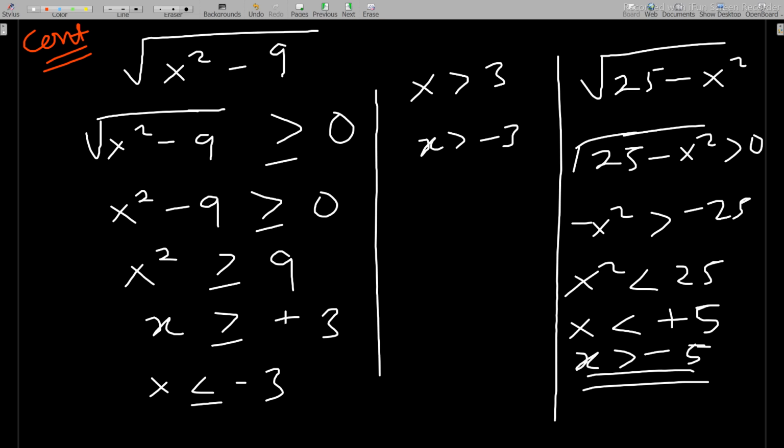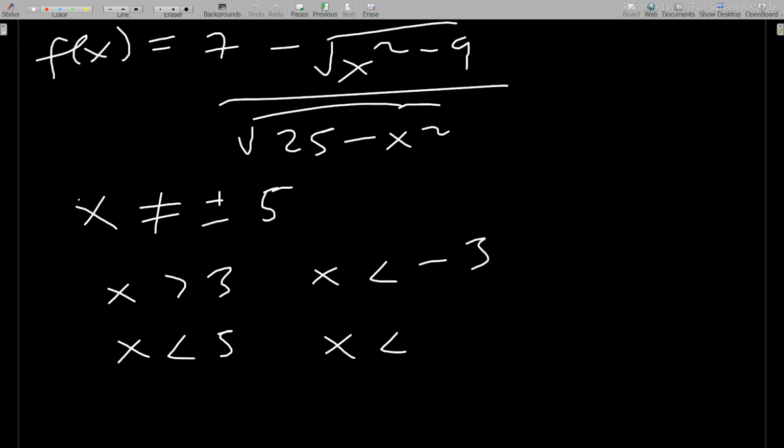So in our next one, x should also be greater than negative 5. Now let's look at it clearly. In the negative region, x is never equal to 5, so it is defined.